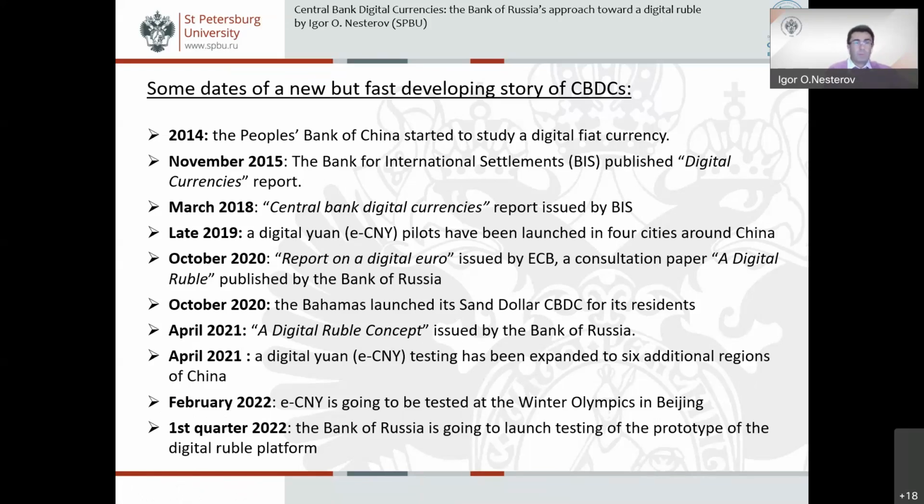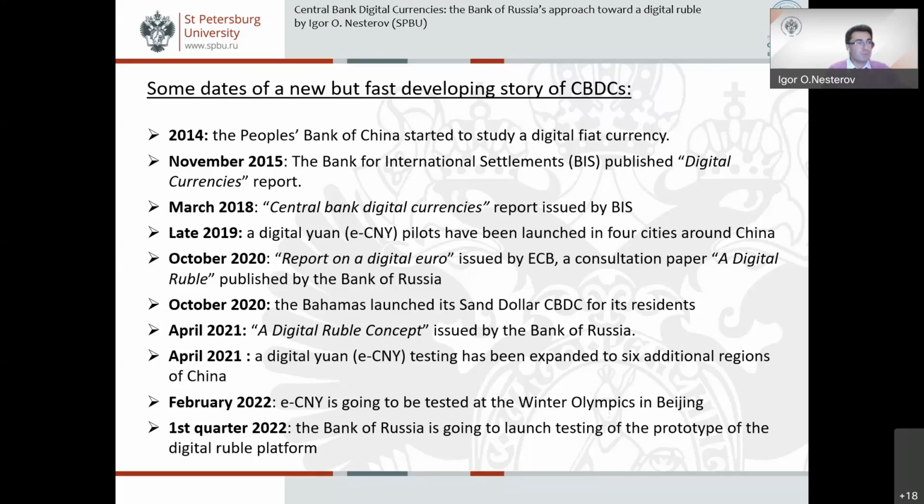This report provided an overview of the key features of digital currencies and recommended that central banks continue monitoring and analyzing the implications of both developments in digital currencies and distributed ledger technology. That is a direct quote from this report.